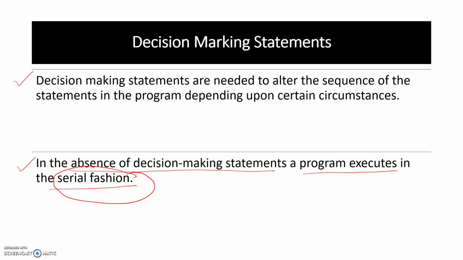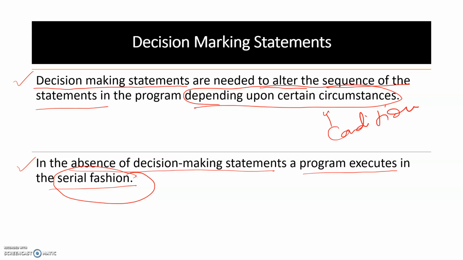But if you are using decision making statements, what will happen? You can alter the sequence of the execution of the program depending upon specific circumstances or conditions. So you can specify some condition in order to alter the sequence of the statements for the execution of the program. Now, how will you do this?